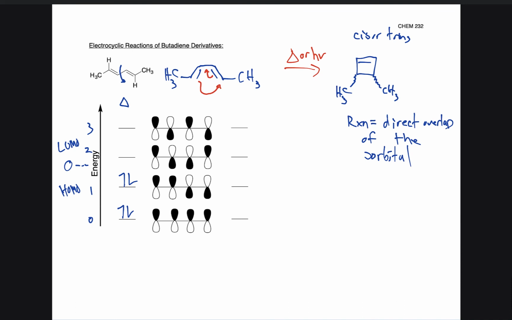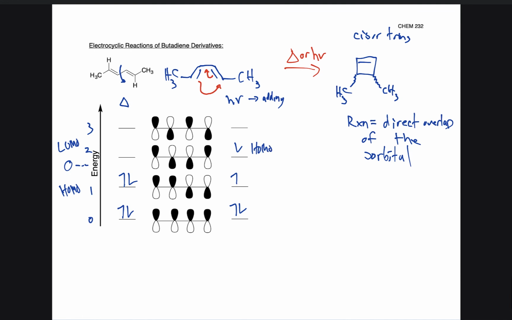If we use light, the electrons are going to be moving. With light, we're giving more energy to the system, adding photons to make the electrons jump up in energy. So now our HOMO is here, for light only.